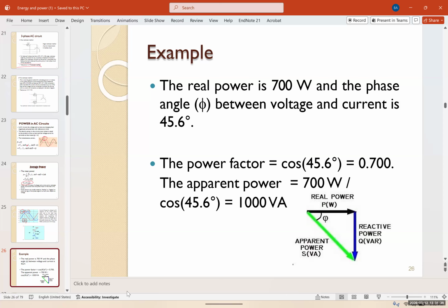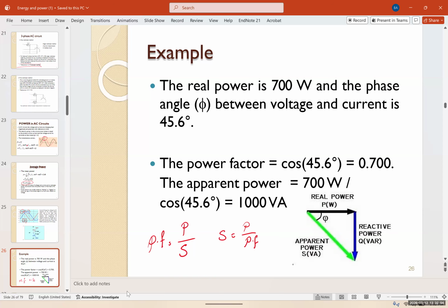The apparent power is 700 divided by the cosine of 45.6 degrees, or the power factor, which gives us 1000 volt-amps. Just a quick reminder that power factor is equal to real power over apparent power. In other words, apparent power would be real power over power factor.